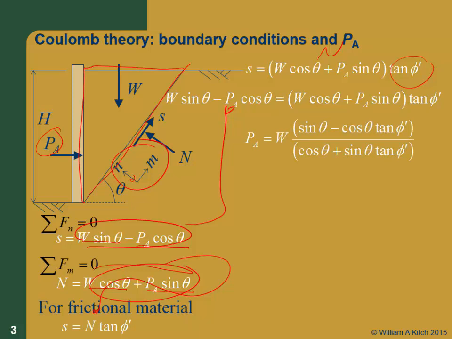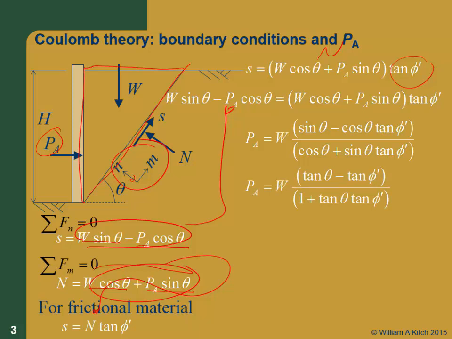So what are we looking for? We're looking for PA because we want to be able to calculate PA. So we're just going to solve for PA. If I solve for PA, that'll be W times sine theta minus cosine theta tan phi over cosine theta plus sine theta tan phi. So that gives me PA.